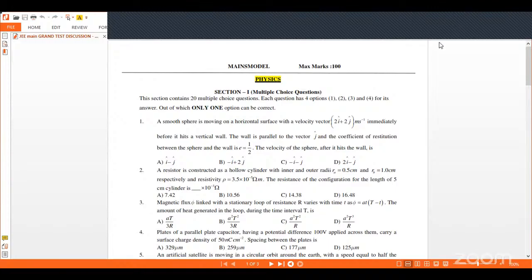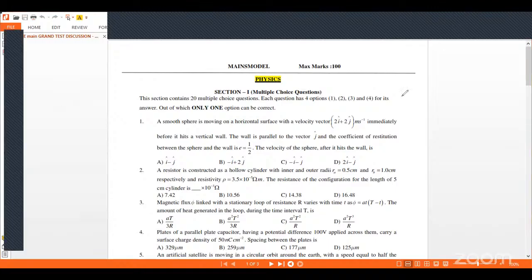A smooth sphere is moving on a horizontal surface with a velocity vector. Let us consider a smooth horizontal surface, and the sphere is moving with a velocity 2 i cap plus 2 j cap immediately before it hits the vertical wall.